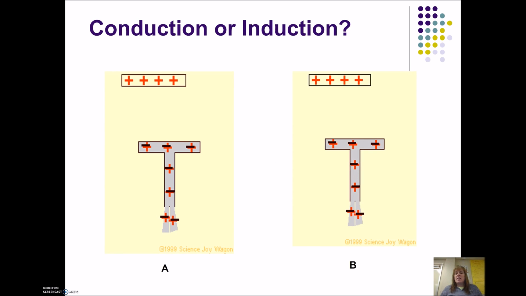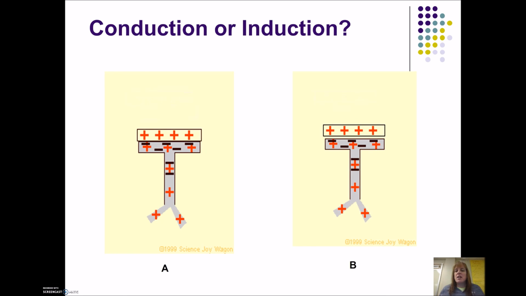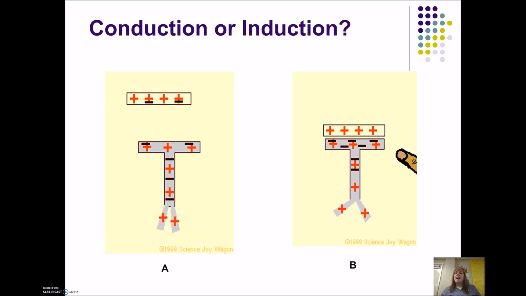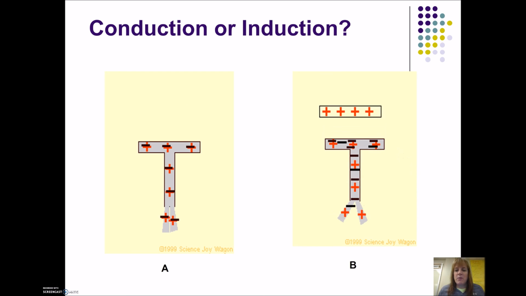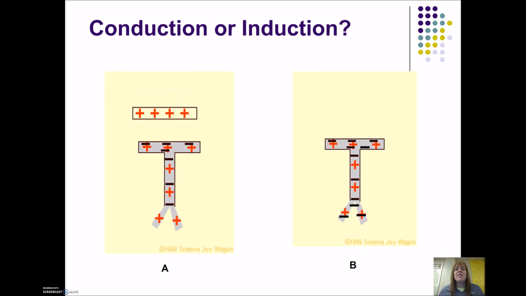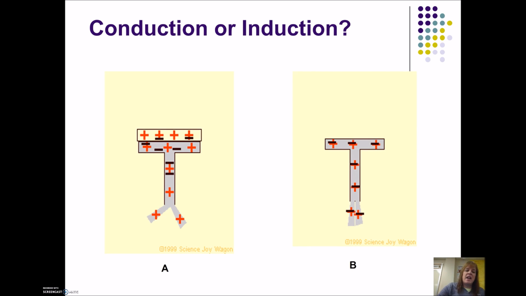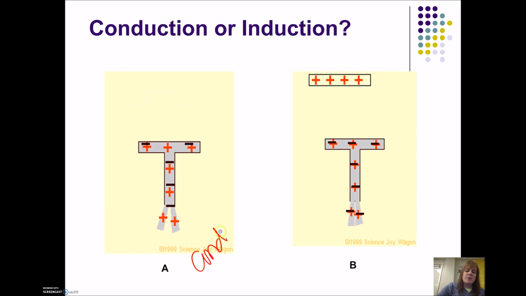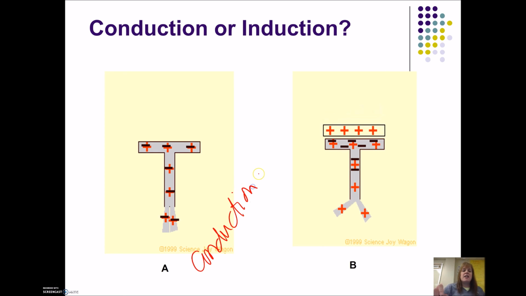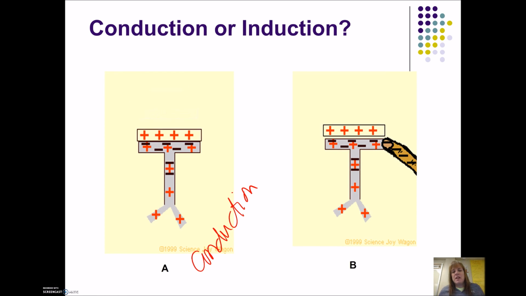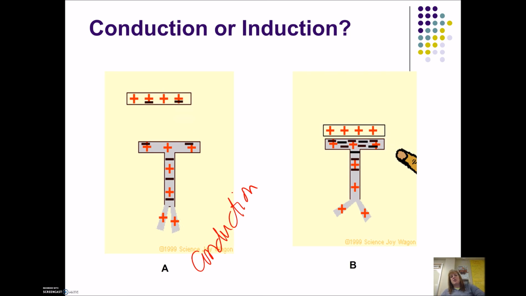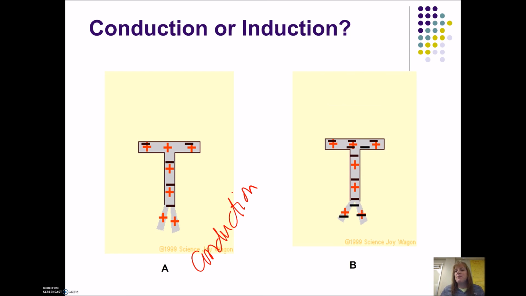So let's take a look at this. Which is charging by induction and which is charging by conduction? Oh, look at you, you grounding wire, you. Well, if you said A was conduction because there's contact, and notice that when this happens, they both end up with the same charge, so they both have a negative charge.